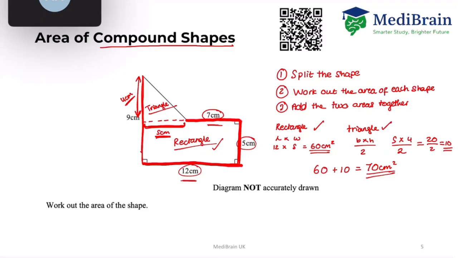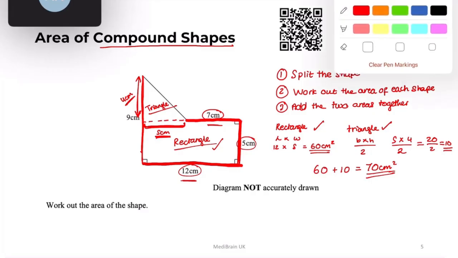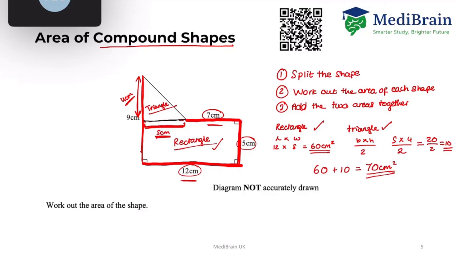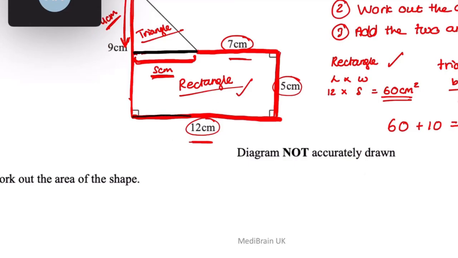Okay, and to work out unknown lengths, the way that you would do that is, if you're working out the horizontal length, you literally look at all the horizontal lines. So if I switch color, if I'm working out this length over here, you need to look at all the horizontal lengths. So you look at this length over there and this length.